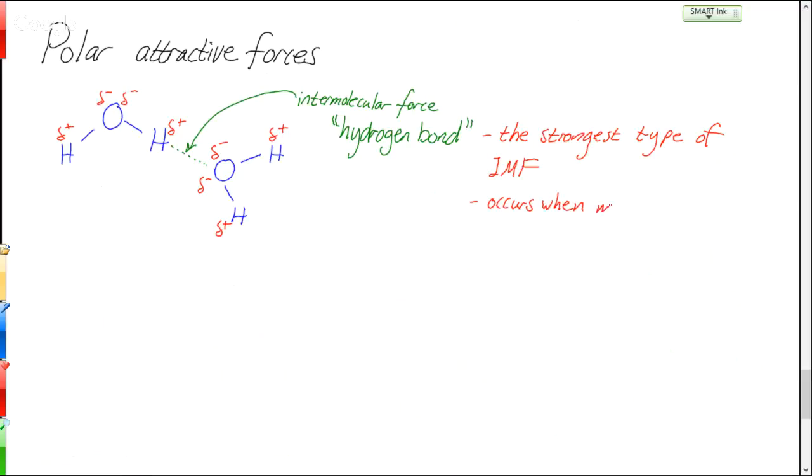And we can find it whenever molecules contain OH, NH, or FH bonds. So if the polarity in the molecule comes from OH, NH, or FH, then it makes this extra strong connection that we call hydrogen bonding. Otherwise, it's just regular polar attractions.